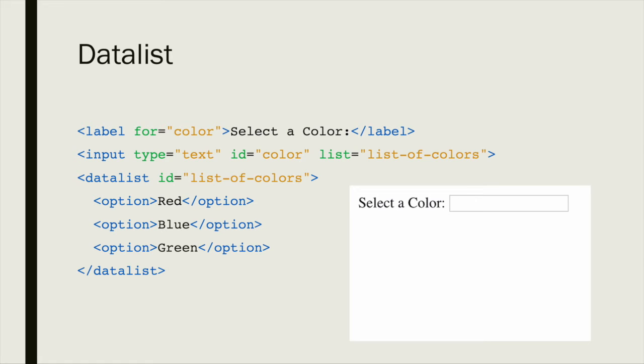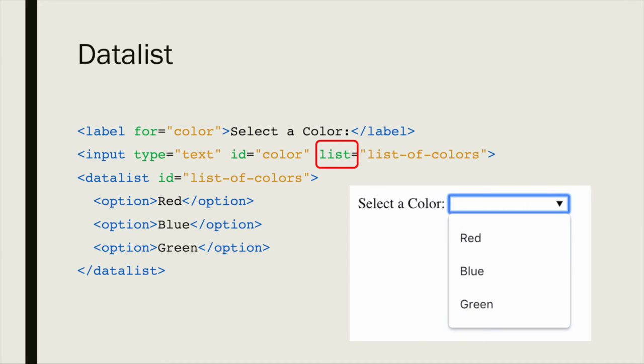So if someone were to go in and start typing a color, see the list, you would see that red, blue, and green show up, which means that they can go ahead and pick one of those, or they can start typing, and the data list will automatically pre-select the best matching option. This also allows them to create their own value as well, as it is not an option available, but they can still submit it.